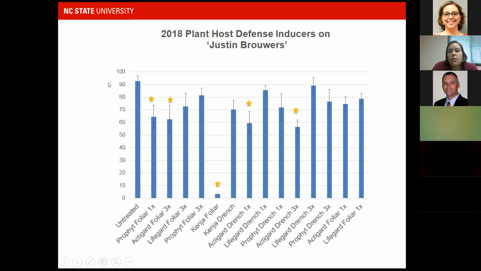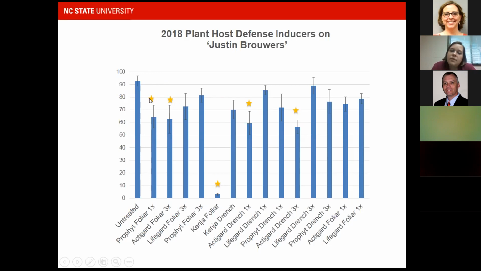And so the ones with gold stars were the only ones that had significant differences from the untreated control. So they didn't necessarily have differences to the other treatments, weren't necessarily significantly different, but they were from the untreated control.